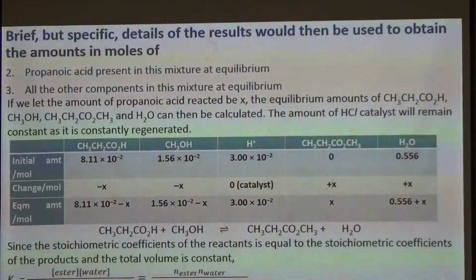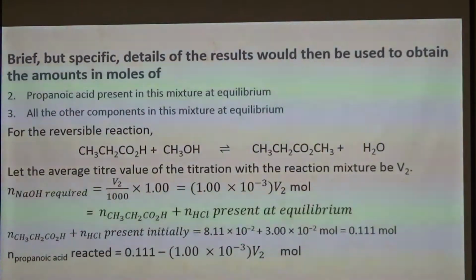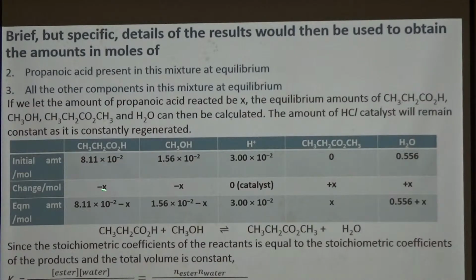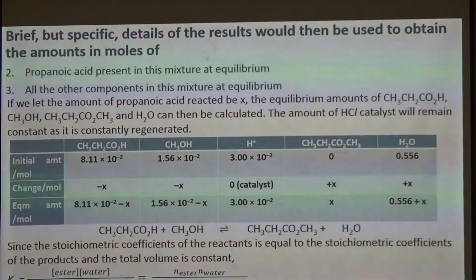From doing the titration, if I just go back, this is X. So if you can find this, you will know the value of X, which means that all of these values, you will know the numerical value using the ICE table.